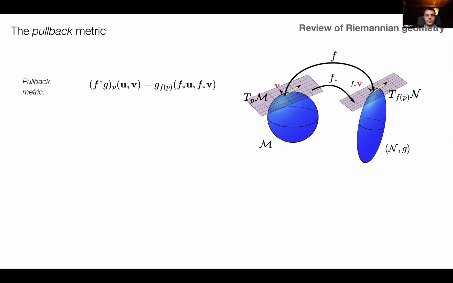Okay, so we have defined our pullback metric. And now we can understand a little bit better what we were seeing at the beginning in terms of inner products and distances. So we have an inner product between tangent vectors. We therefore have a norm, which is just the square root of the inner product of a vector with itself.